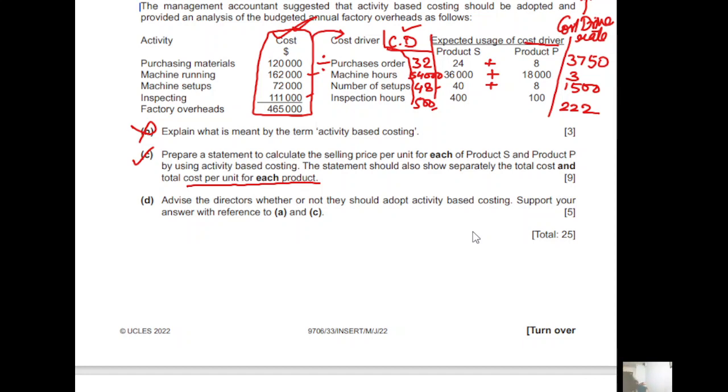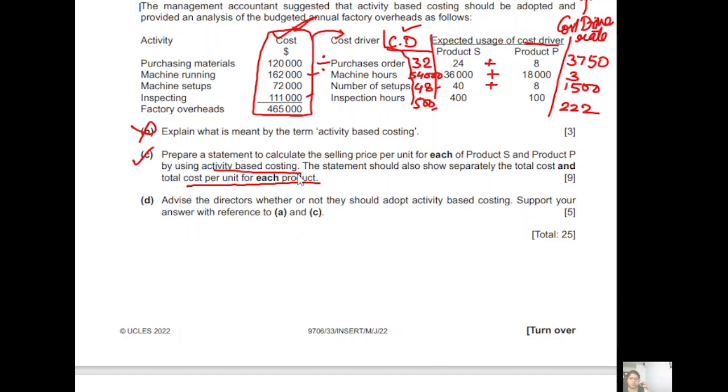Okay, so we are going to discuss the next point. In this point, you have to prepare a statement using ABC. For ABC everything is given to you, we already calculated everything, so we have to use that, that's it.